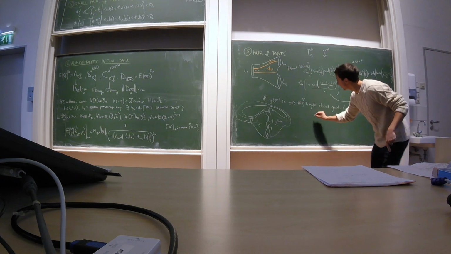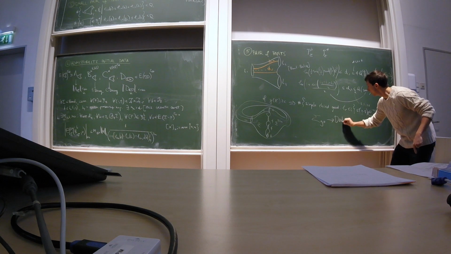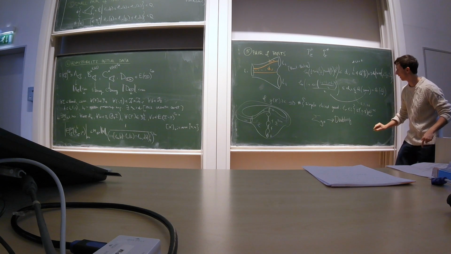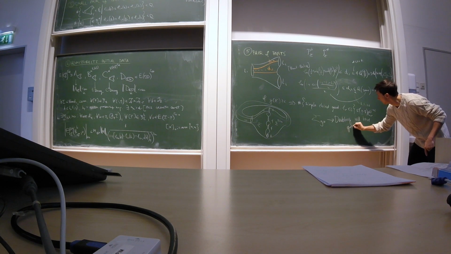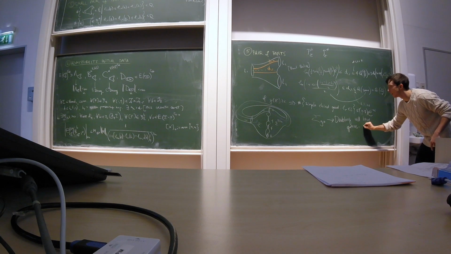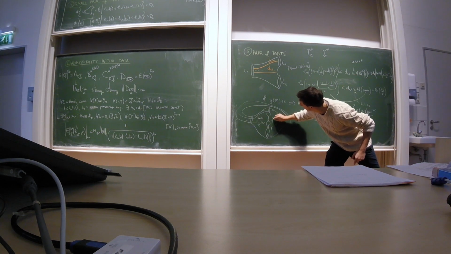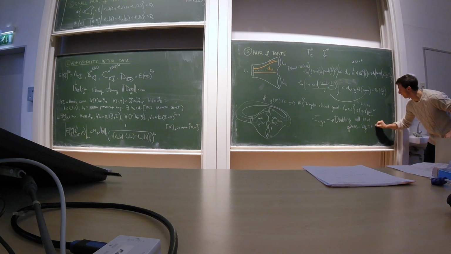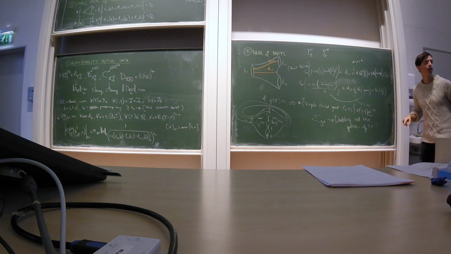Because if my surface has genus g and n boundaries, when I take the doubling, the genus of the doubling will be equal to 2g, because if I have genus here, I also have genus here, plus n minus 1, because each of the n's will give me a genus except the last one. The first you do doesn't give you any genus, and every time that you do the other ones will give you one more genus.